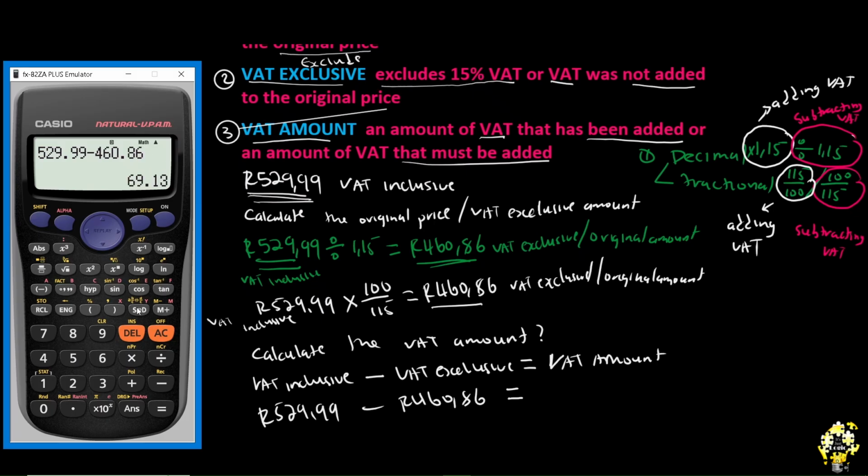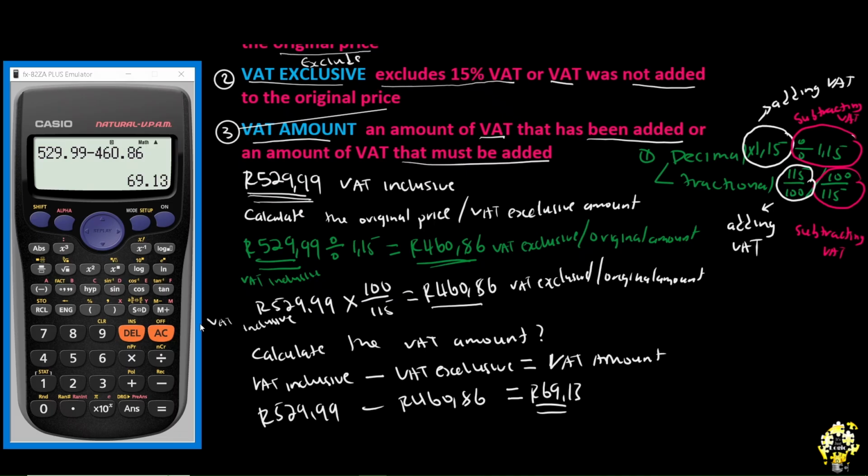What do we get? We get 69 rands 13 cents. So yes, this becomes our VAT amount. VAT inclusive, when you subtract the VAT exclusive or the original amount, you get the VAT amount.